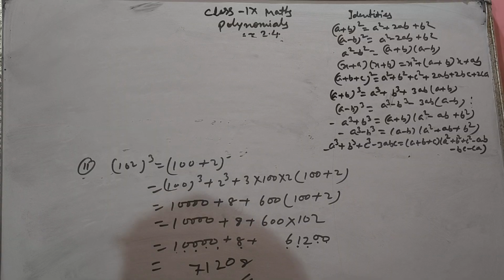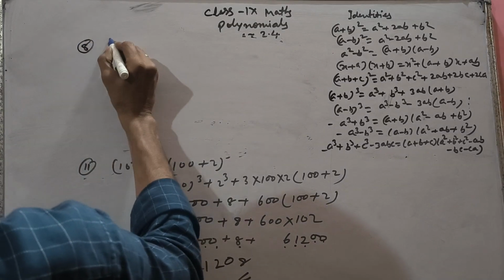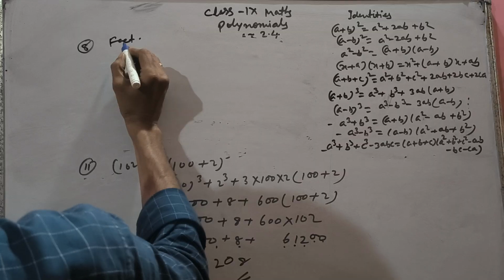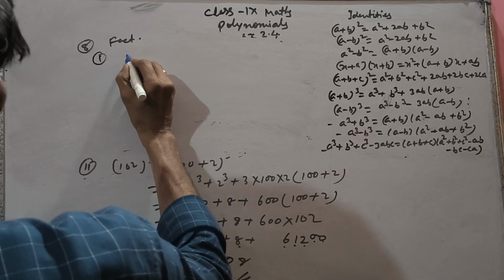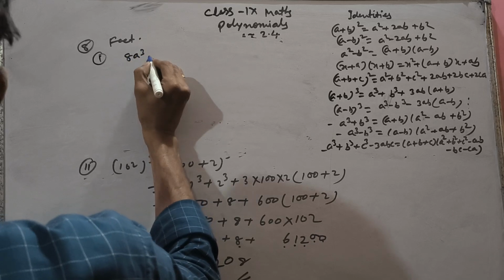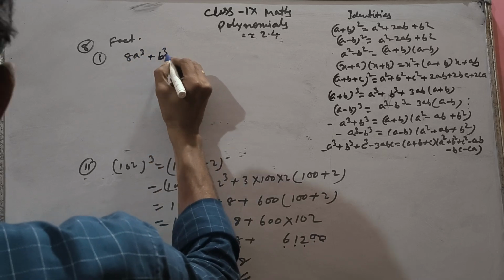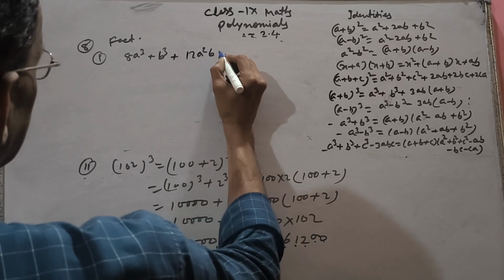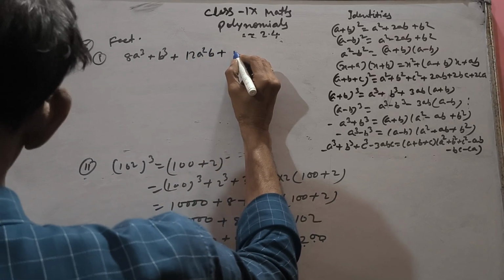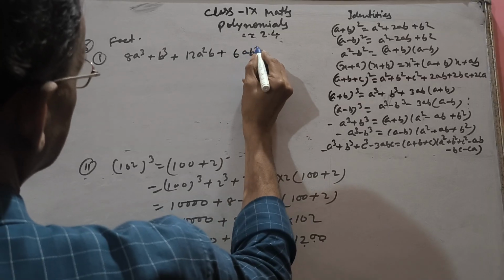Now question number 8 is factorize. What is number 1? Number 1 is 8a cube plus b cube plus 12a square b plus 6ab square.